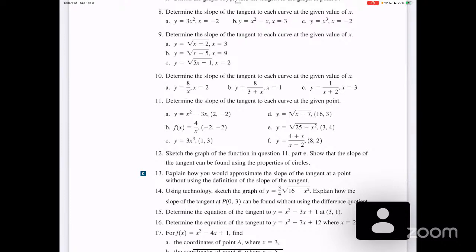What have you done so far? You know how you have to first do f of x plus h. I'm not going to take up the solution, but I'm just going to write the key steps.